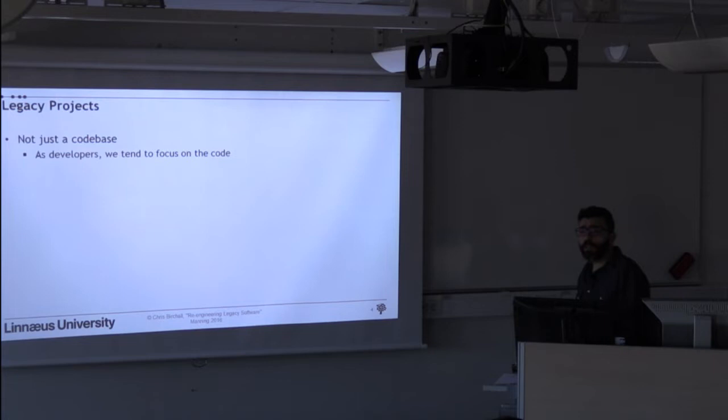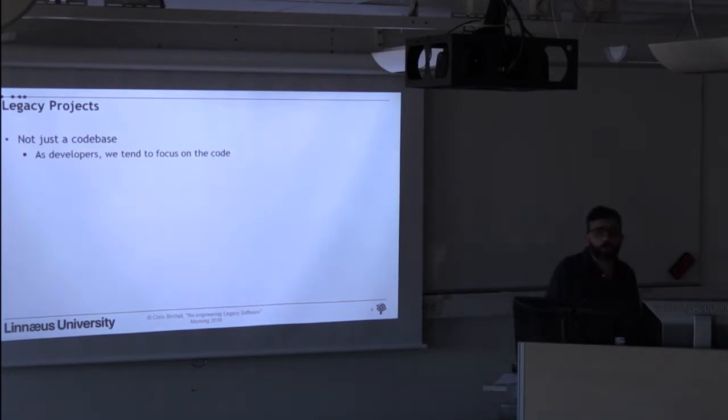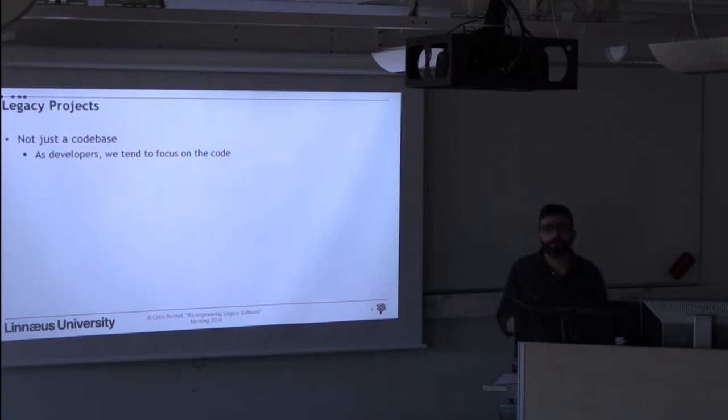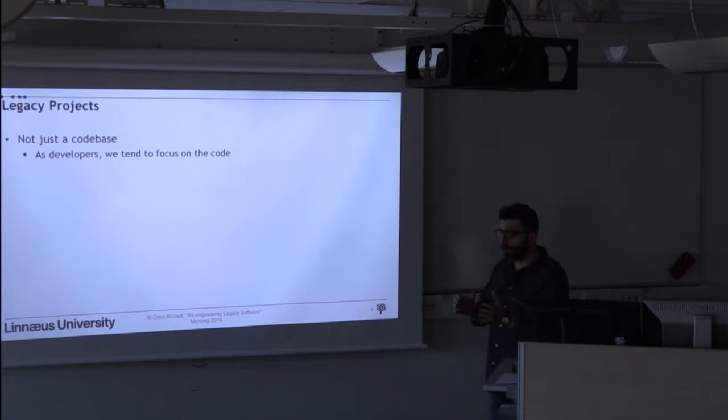When we deal with a legacy project, it's not just a matter of code base. It's not only the code that we need to understand. There were projects that produced the code, and we need to understand a set of different things.